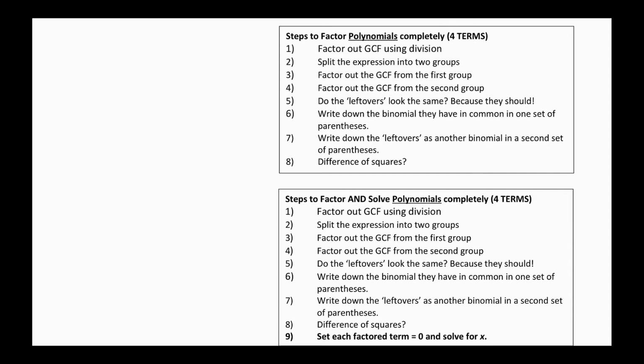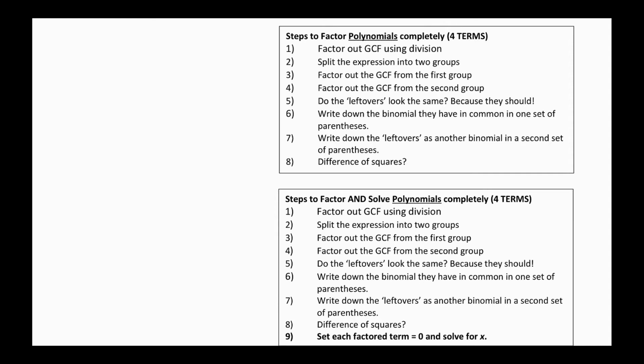Is it 1 through 8 the same exact steps? Yeah, right? I did it here. I just changed the color of the 9th step because that's the only extra thing we have to do when we solve. We don't do that step if we don't need to. It's only when we need to use it. So if we're factoring, don't even worry about it.